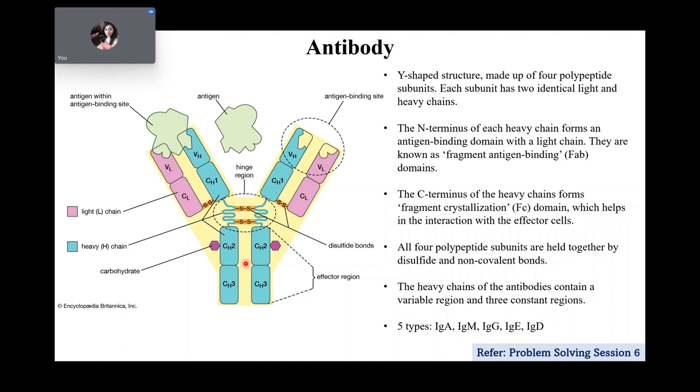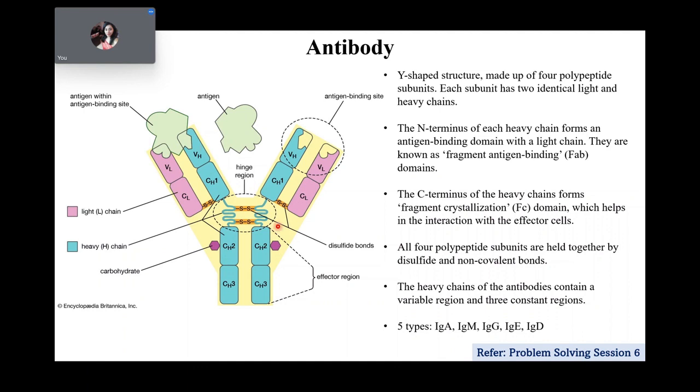Now, these two chains are connected to each other via disulfide linkages and this hinge here, which is also rich in proline residues. Now, in the antibody, you have these regions here that bind to the antigen. These are the N-terminal regions, and because they bind to the antigen, they are called the fragment antigen binding domains, the FAB domains.